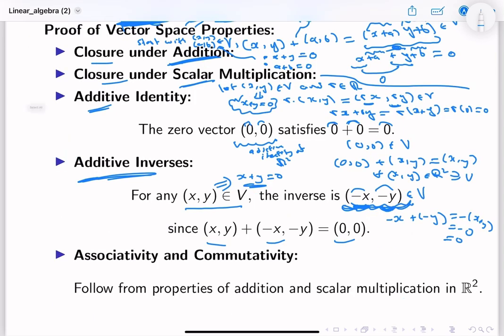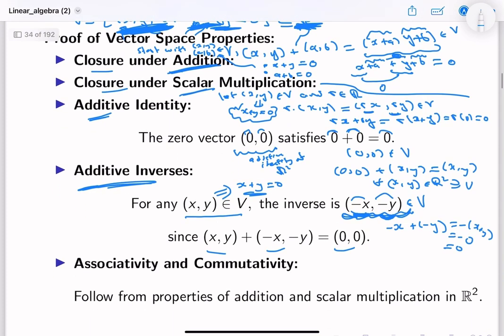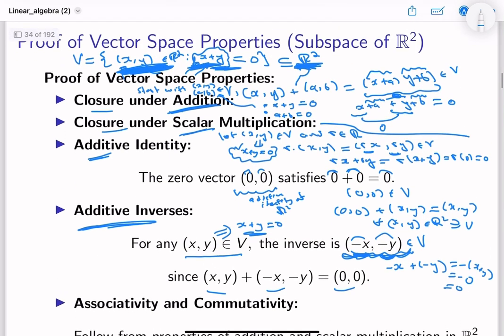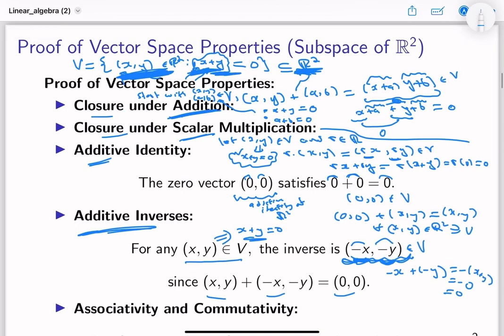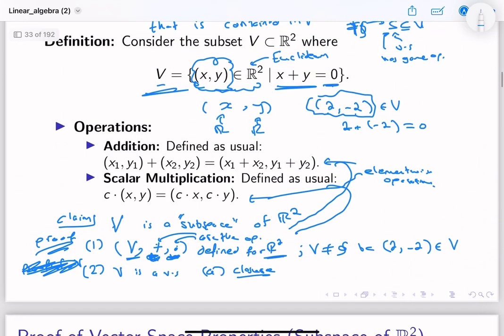And thus, after you check the other properties, which will follow easily, I'll leave them for you to check, the other axioms, you will see that V is a vector space. So since V is a vector space, let me just mention here, this is checked below.